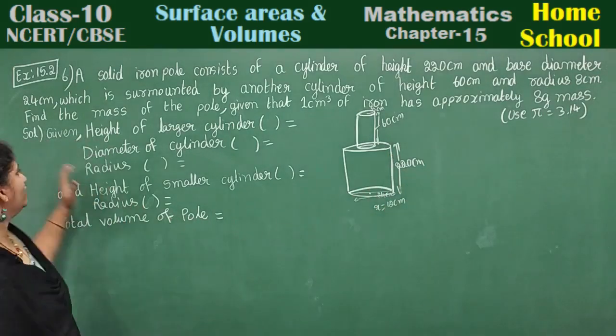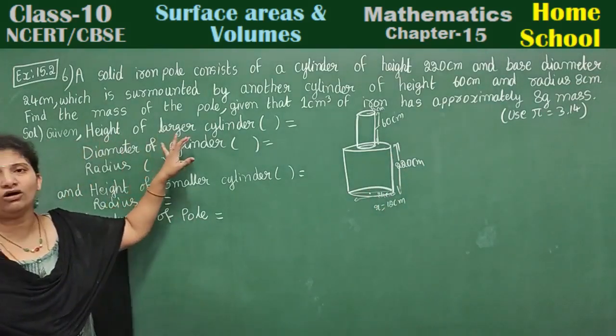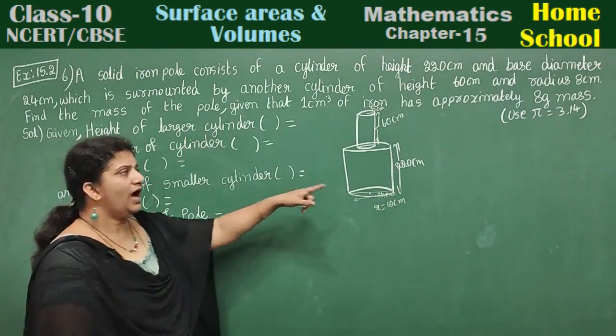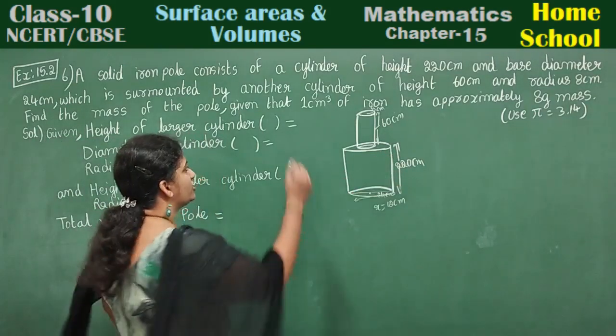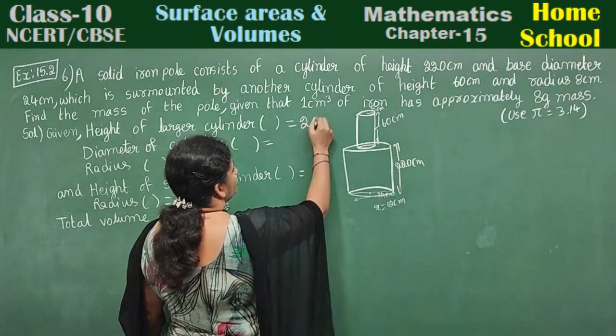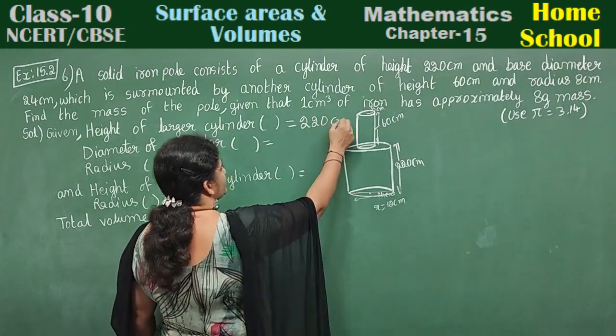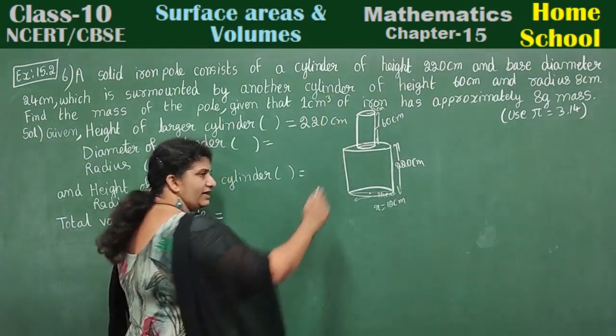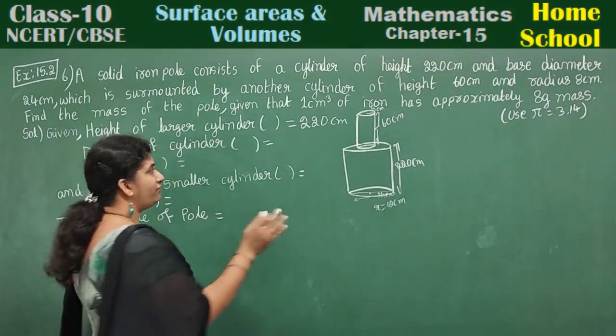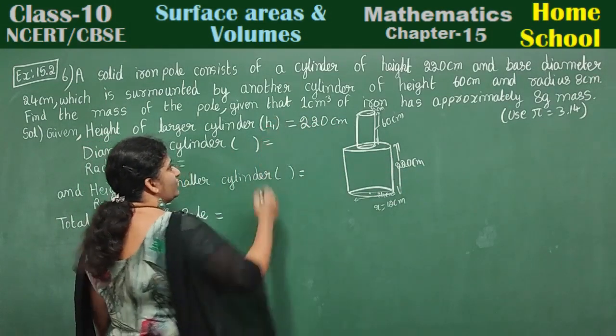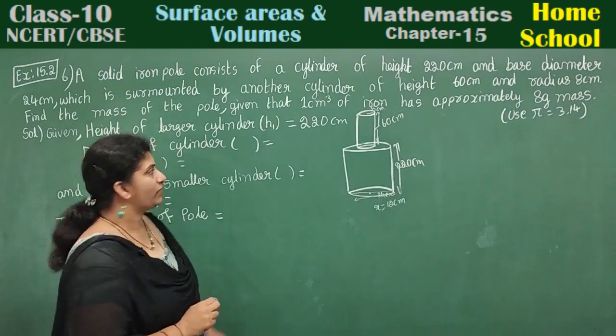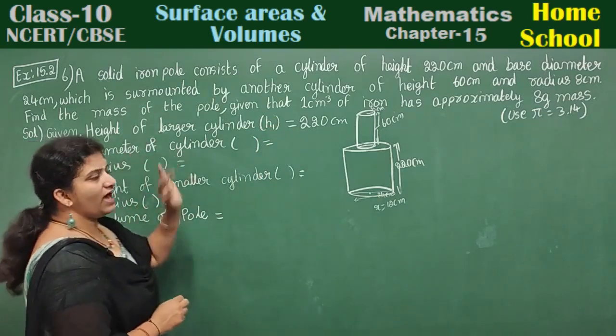Start the solution. Given height of larger cylinder. Height of larger cylinder is how much? Height 220 centimeters. We are talking about two cylinders' heights are different. If they are different, we differentiate with H1, H2. Diameter of larger cylinder.